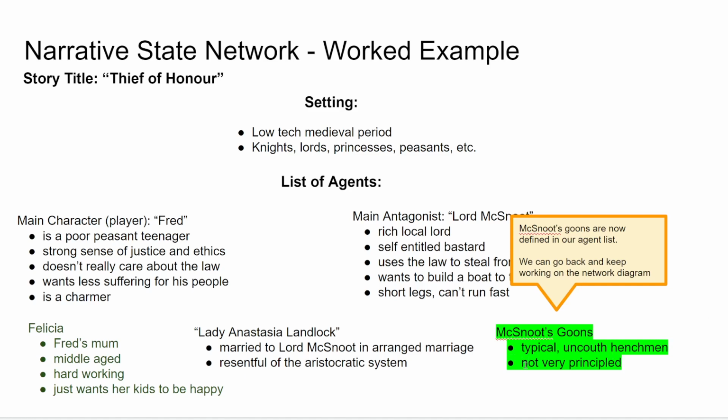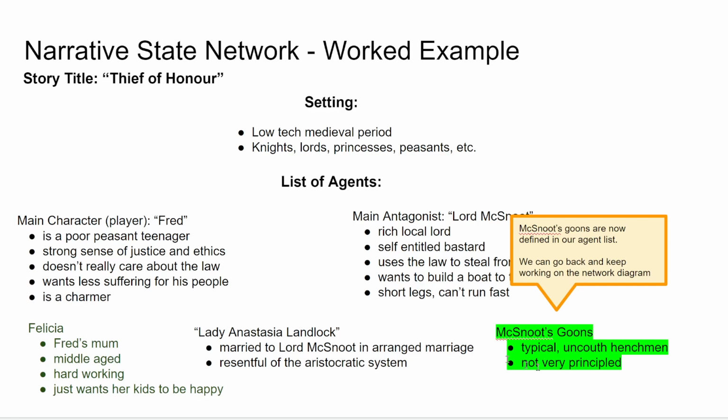You can do lots of different things with this, because even though at this stage of the story Fred is basically physically useless, he still has his charm.